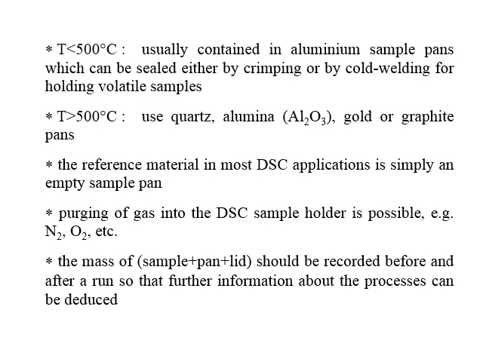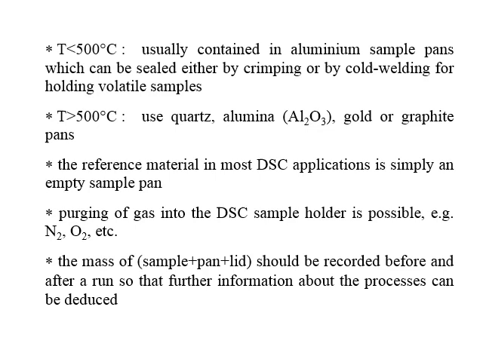They do actually make hermetically sealed pan lids, and you use a little press to actually seal that lid in. But kind of like TGA, sample containers can be made of other things. If you're going to go at temperatures above 500 degrees, aluminum really isn't good because it can oxidize and ultimately melt. So above 500 degrees, sample pans might be made of quartz, alumina, gold, graphite, etc.